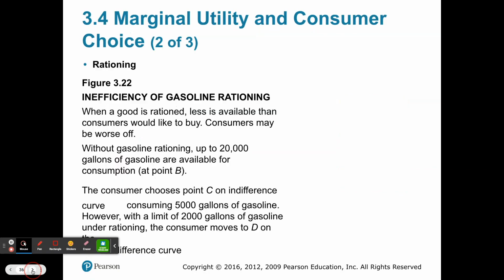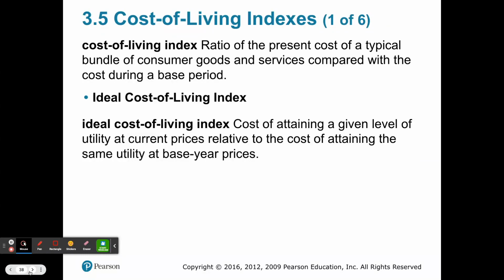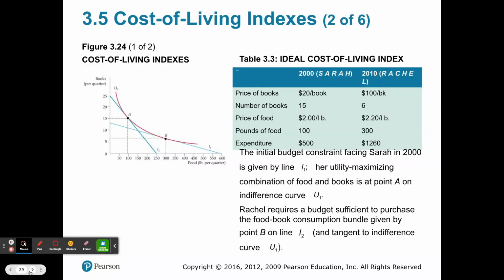Okay. Let me make sure there's nothing a great deal more here. There is not. The last part to this chapter is the discussion of the cost of living indexes. I don't generally cover them.